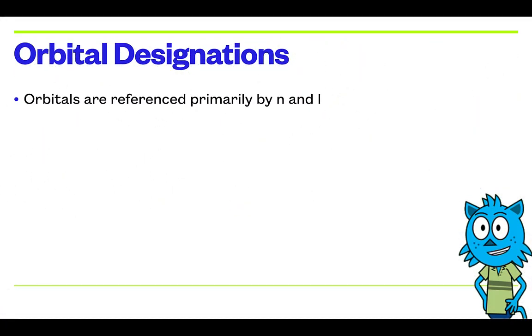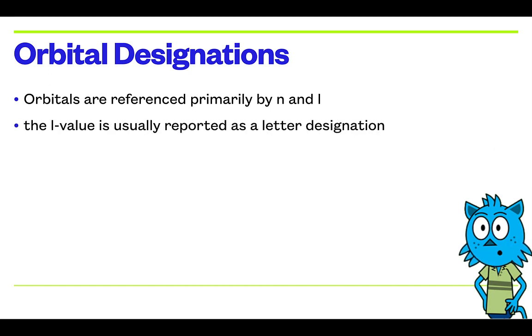Now, when we're referring to individual orbitals where we're putting electrons into them, which is what we're going to focus on primarily in this class, we generally look at those orbitals strictly by n and L. We don't worry about m sub L quite so much. And so the L value is generally reported as the letter designation instead of the number designation.